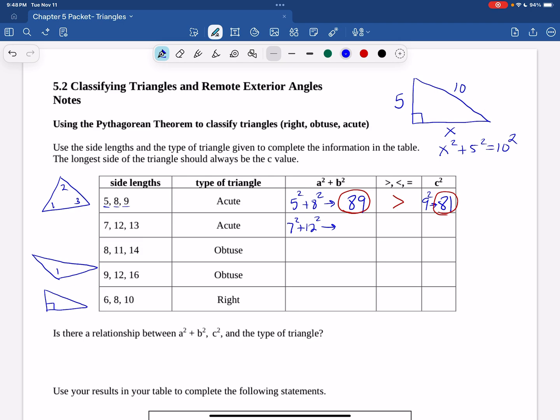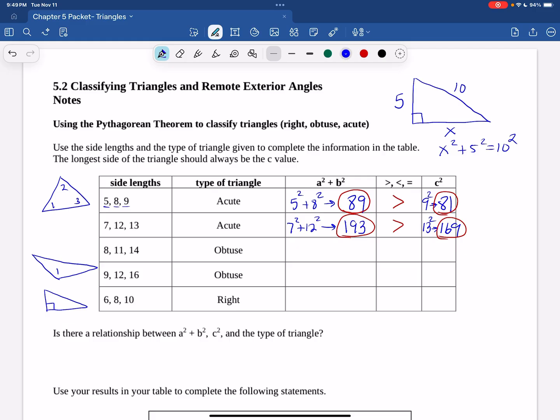When I add those up, I'm going to get 193. And then 13 squared is 169. So we're going to compare 193 to 169. And again, those 2 add up to a number bigger than C squared.